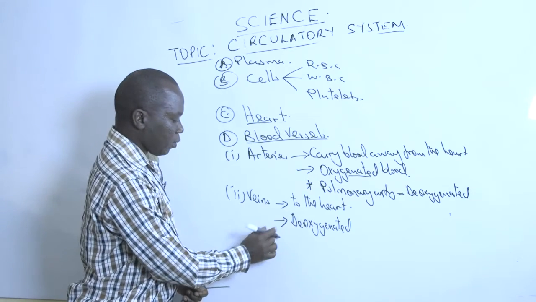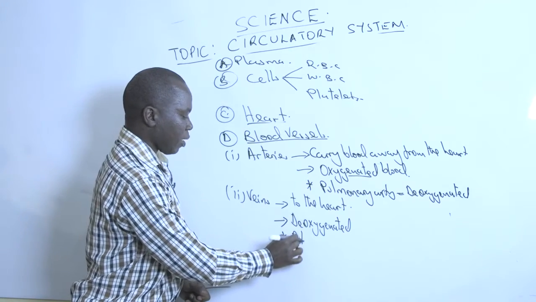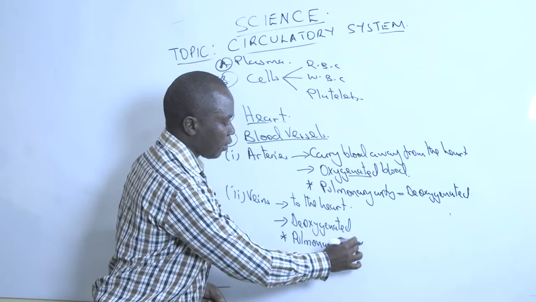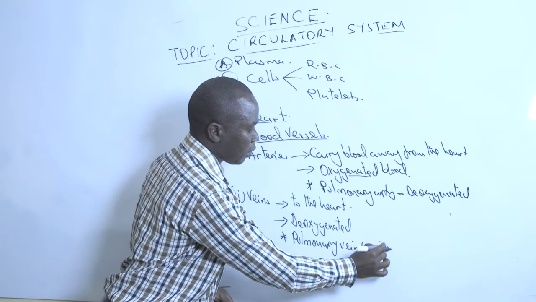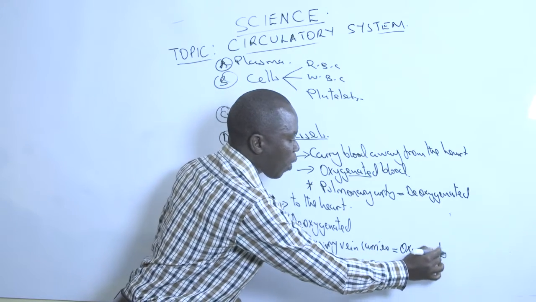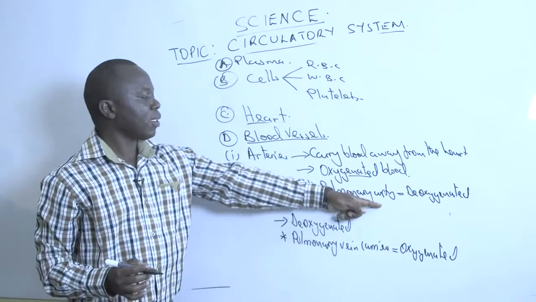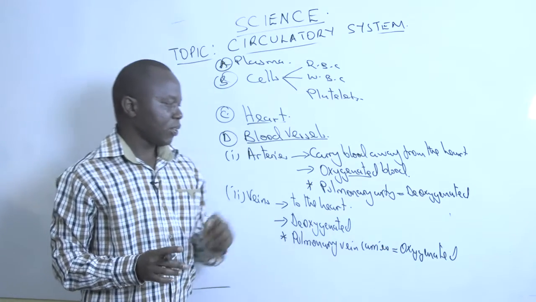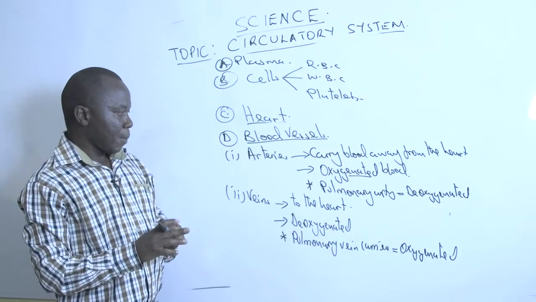But we have an exception: the pulmonary vein. Pulmonary vein carries oxygenated blood. You're going to find out why. Why is it that pulmonary artery is carrying deoxygenated blood and pulmonary vein is carrying oxygenated blood?